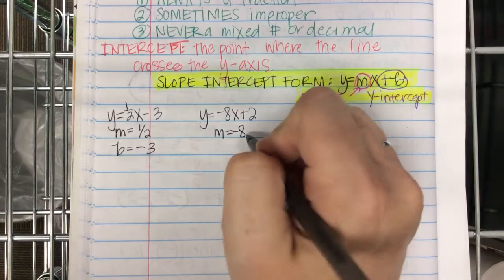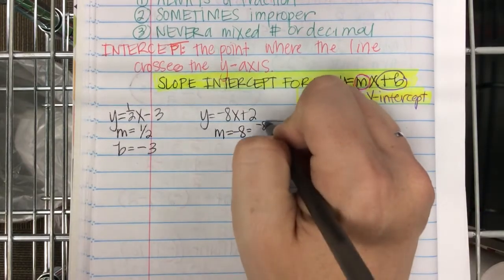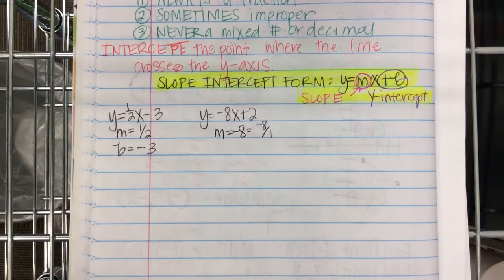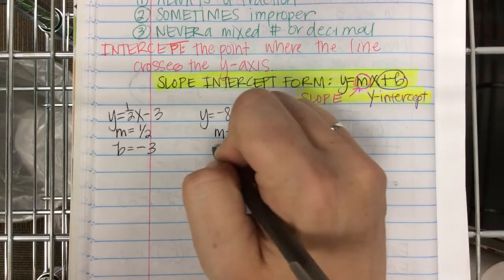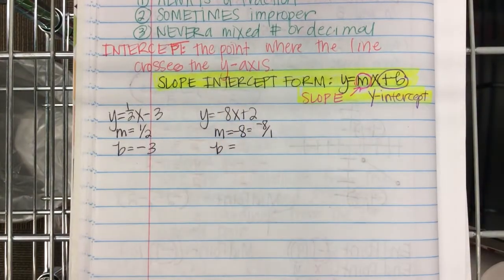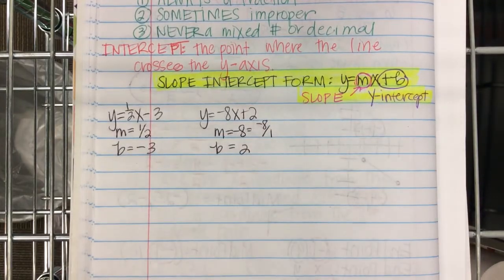So can you make it a fraction? -8 over 1. Do not make it -8 over -1 because two negatives create a positive. This is a negative value, so we only want one negative. What's the b value? +2. I don't need to put the plus sign because positive is implied.